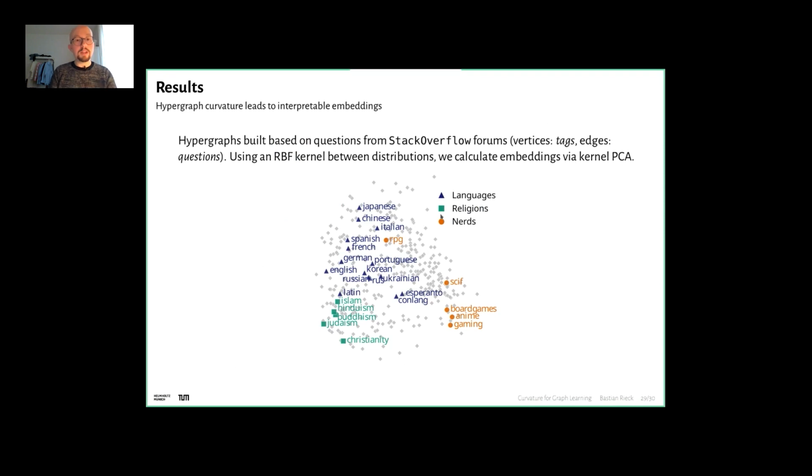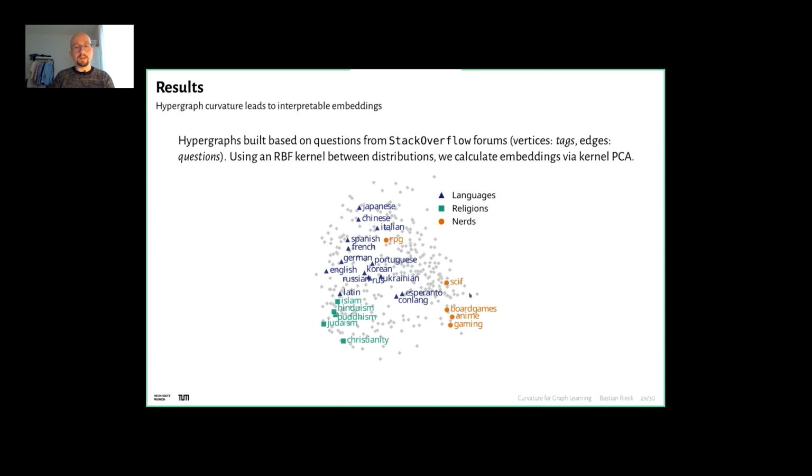If we now annotate this with different types of categories that we assign based on the forum in which the question was asked, then we find that there is a very nice clustering structure almost immediately. We have a cluster of religion topics that are relatively nicely related to maybe the Latin languages here.